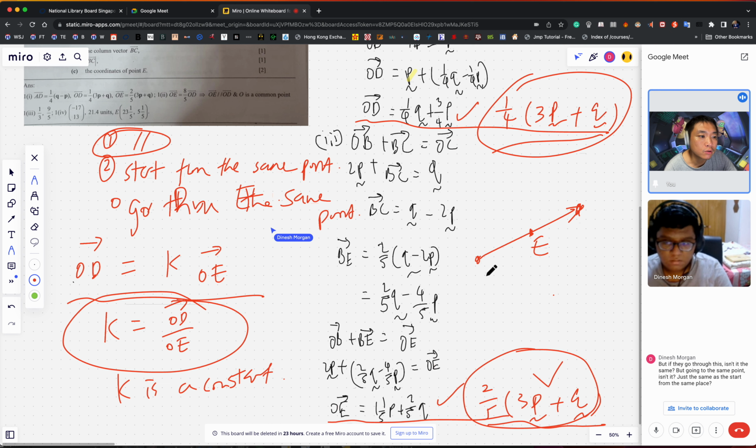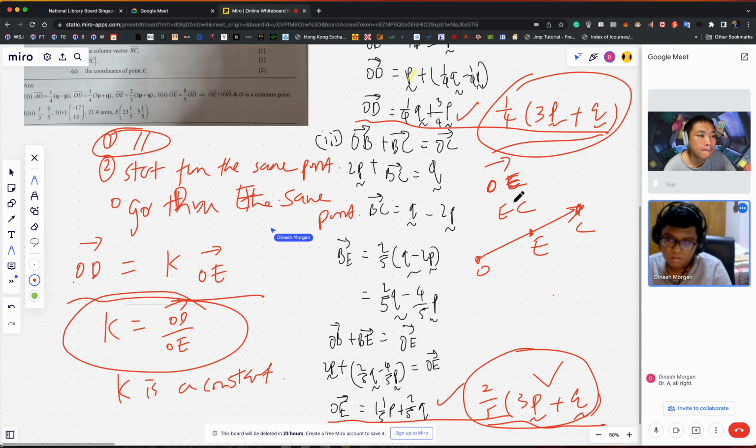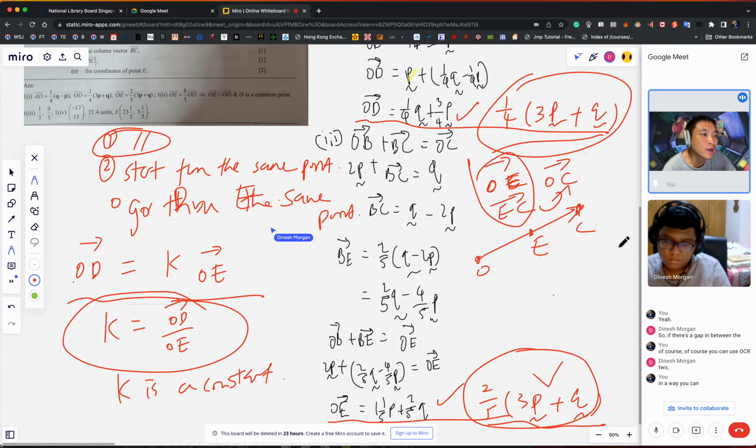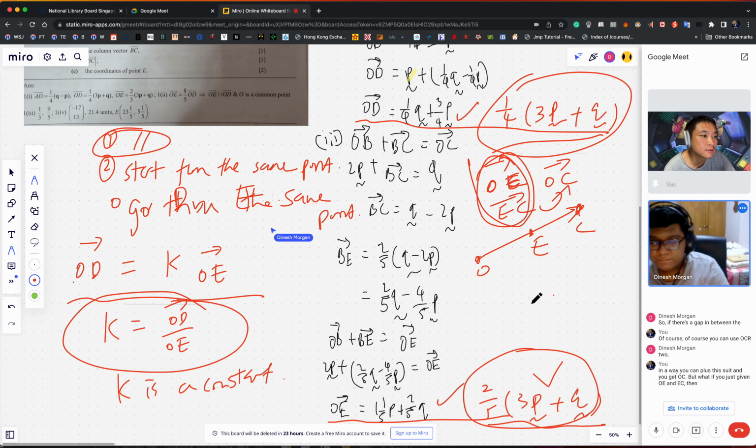Maybe E is here, then you have OE and then EC. Of course, you can use OC. In a way, you can add these two, then you get OC. But what if you are just given OE and EC?